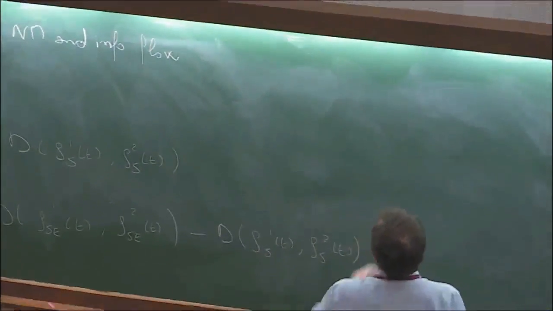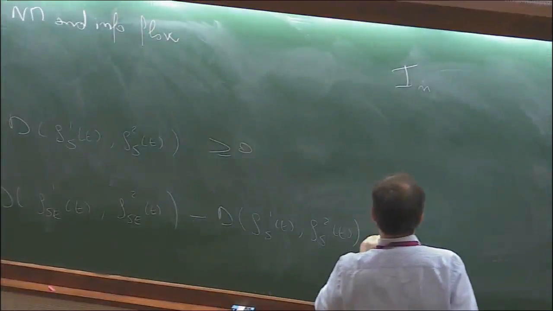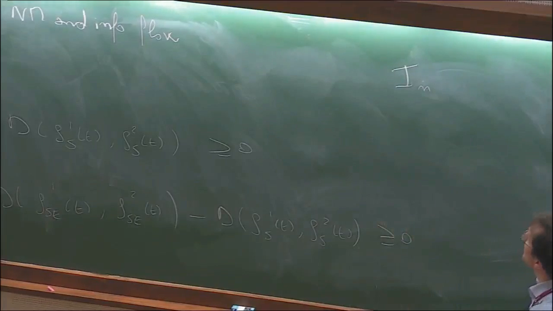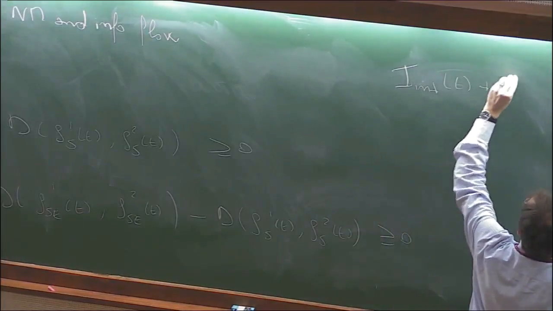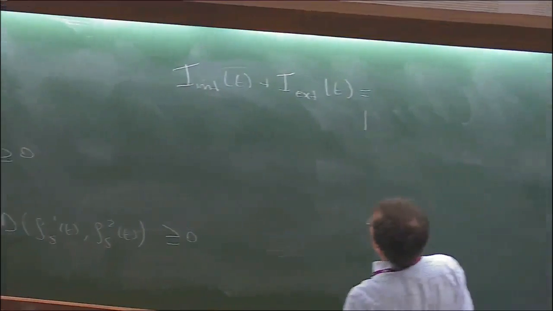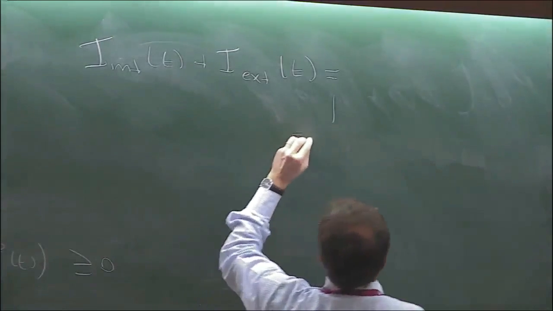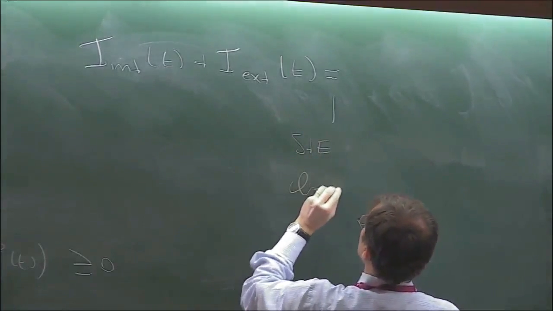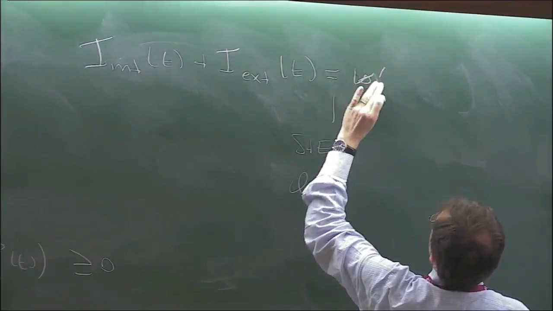Now, one can immediately check that this is a conserved quantity. Each of these is a positive quantity, and the sum of these two quantities, internal plus external, is a constant. It is a constant because if you sum them, you have the time evolution of this object, but the overall system being closed, the overall evolution is unitary, so the trace distance does not change. So this does not depend on time.